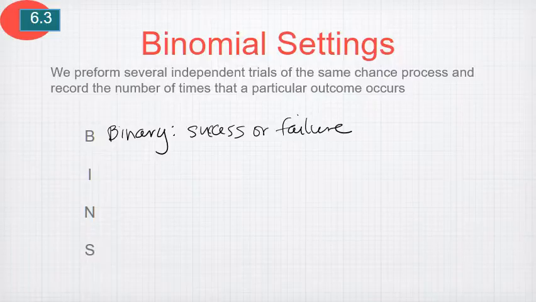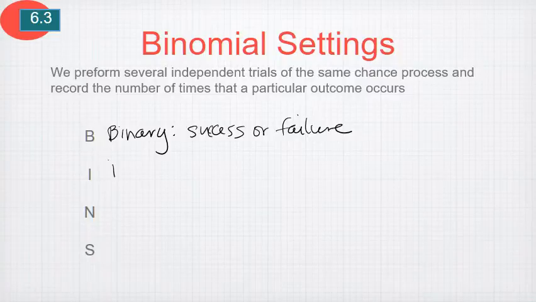Then if we were to do an example with the roulette wheel, there's actually 3 options on a roulette wheel. You can have red or green or black. So a success would have been red and a failure would have been green or black. So there can actually be more than 2 possibilities. The possibilities just have to fall in success or failure.